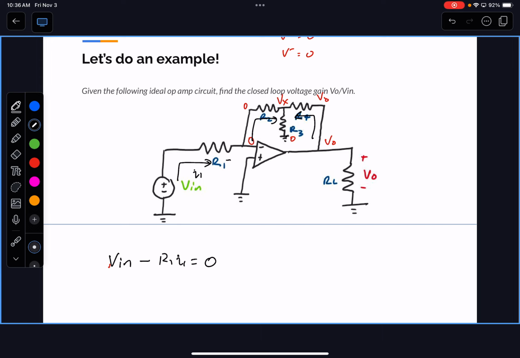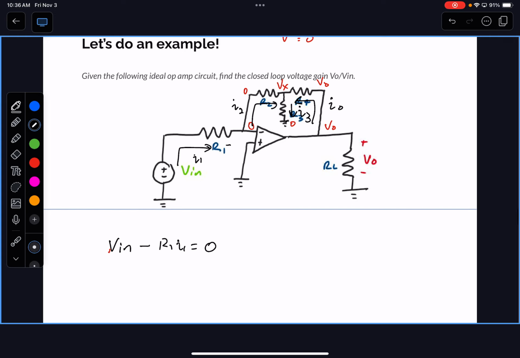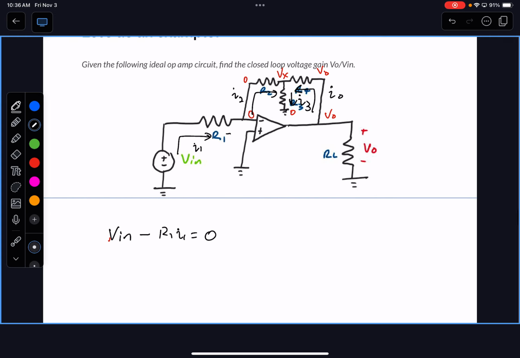This one is I naught, and this is I2, and then combined I have I3. Okay. And then we got a couple other currents coming here, and I2 is equal to I1, because you cannot have any current here. There's no current coming in here. The only thing here is voltage. So I1 has to equal to I2 because there's only one path for the current to flow.